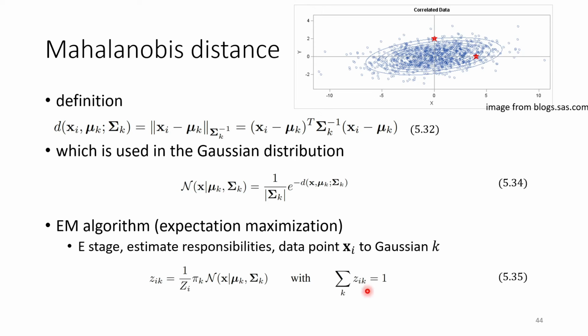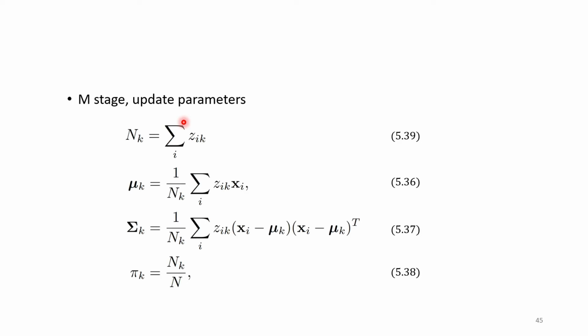And the second, we use the Z value to update our parameters, including the mu, the means, the sigma, the covariance, and the pi, the coefficient of it. Those are Gaussian models. Okay, so here, when will we use k-means for computer vision algorithms?